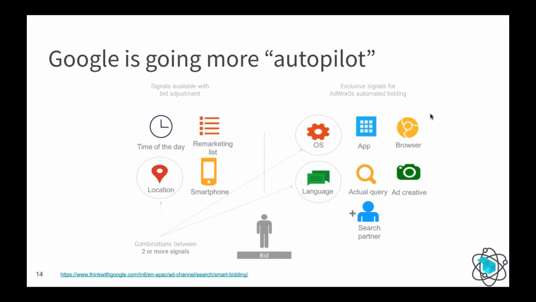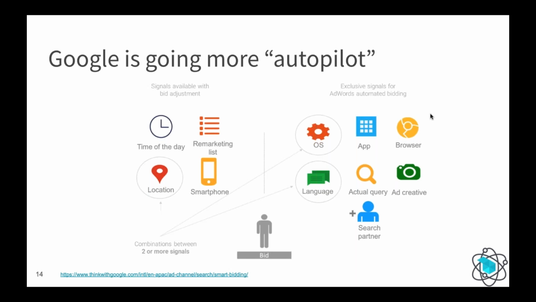Long story short, autopilot really means Google telling us, don't worry about this, trust us. We're gonna drive in the right direction because we just know better than you, dear advertiser, because we are taking into consideration thousands of signals that you wouldn't even know. We know the location of the user searching in the auction. We know if they have a smartphone, what type of smartphone they have.